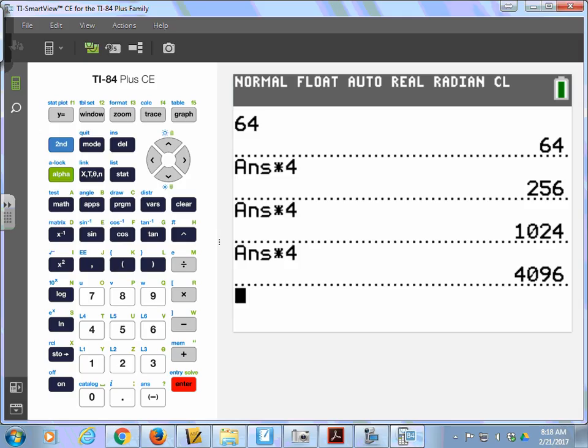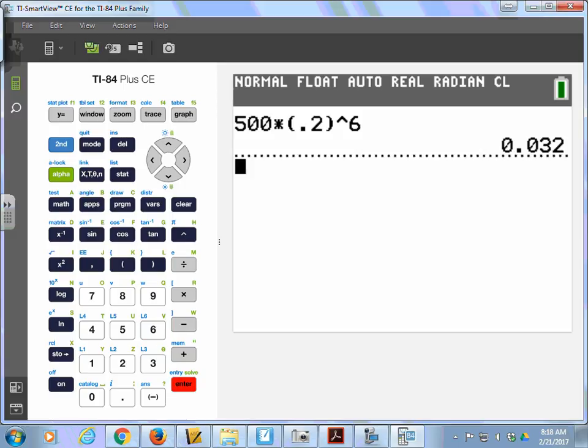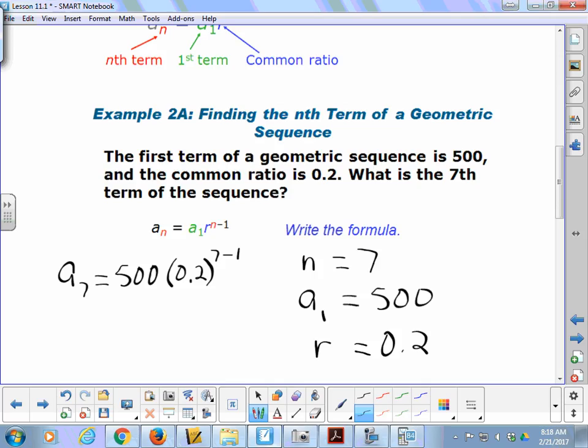So 500 times, and I'm going to put this in parentheses just to make sure, 0.2 to the power of 6. So we get 0.032. So a sub 7 equals 0.032.